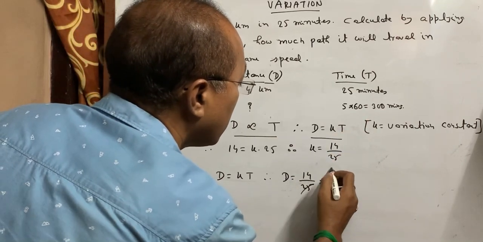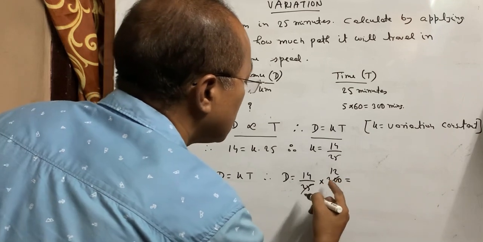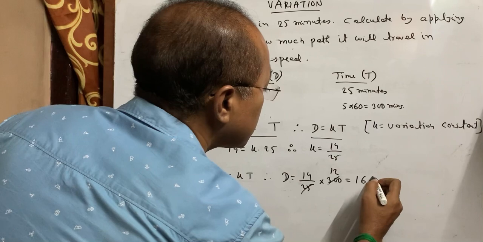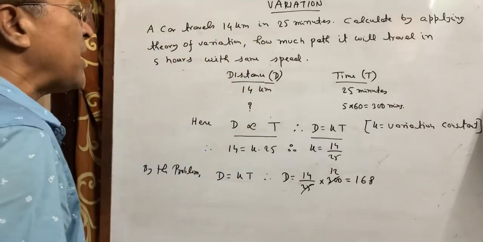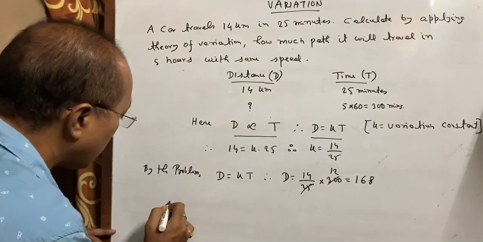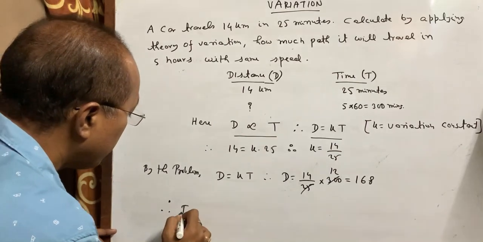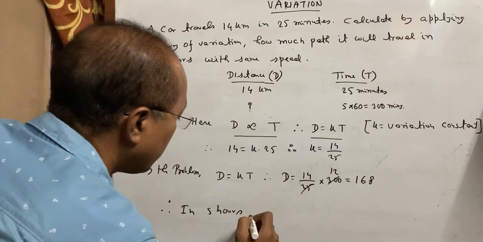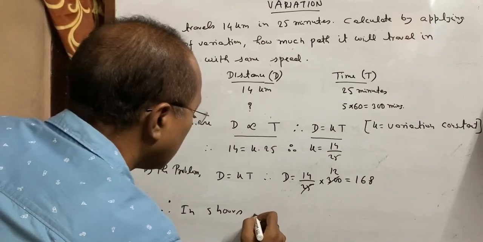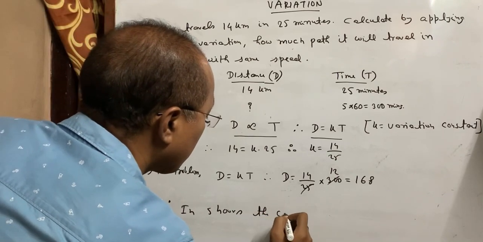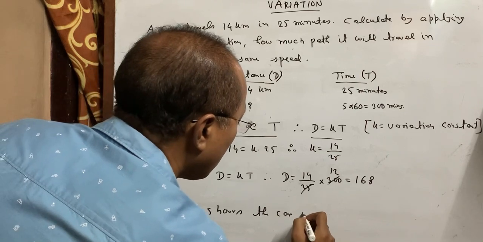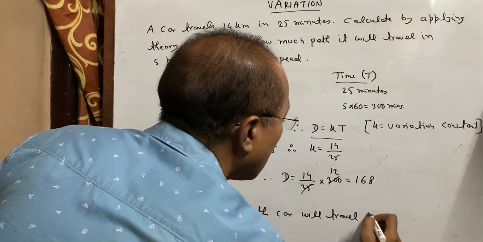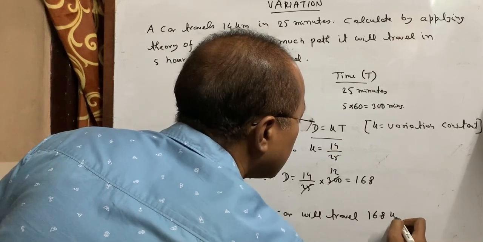How much is coming? 168. Therefore we can say in 5 hours the car will travel 168 kilometers.